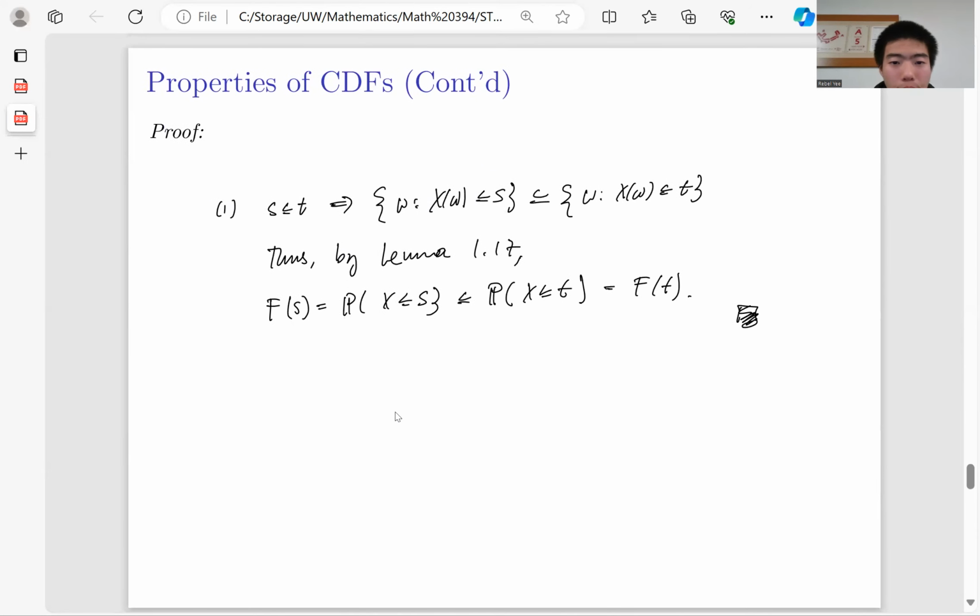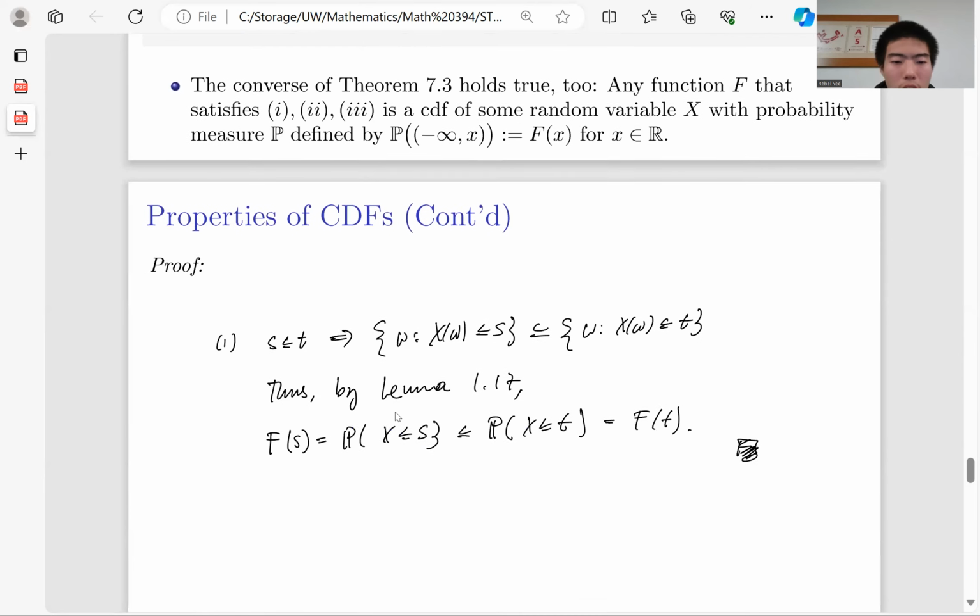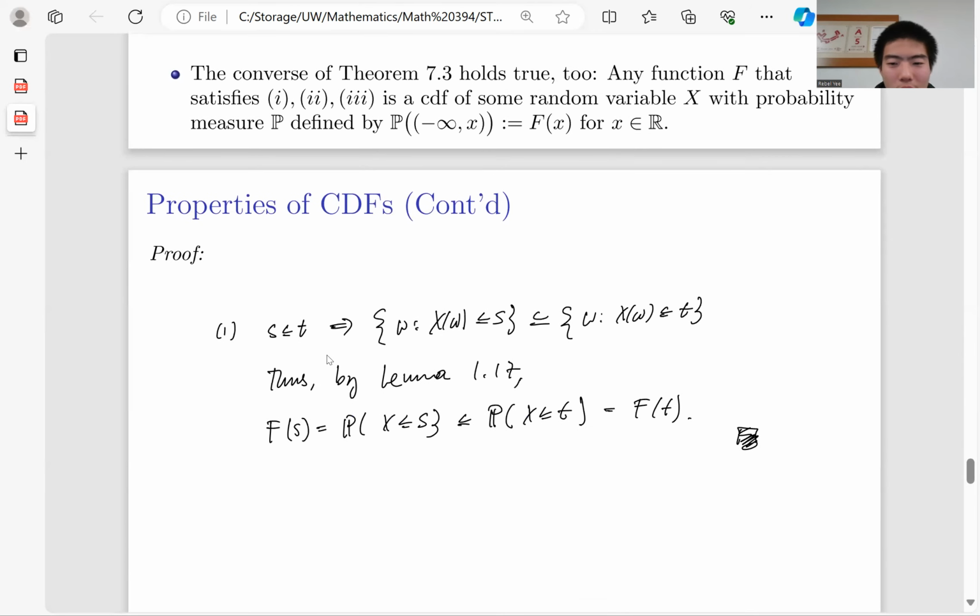For example, the proof of the first one: why is it monotone increasing? It's very easy because we can convert it into the definition.